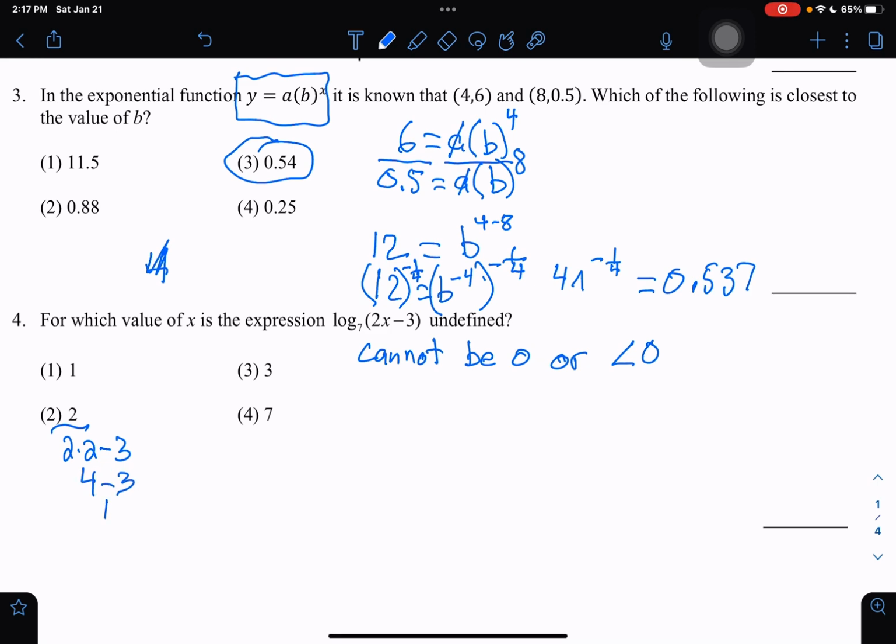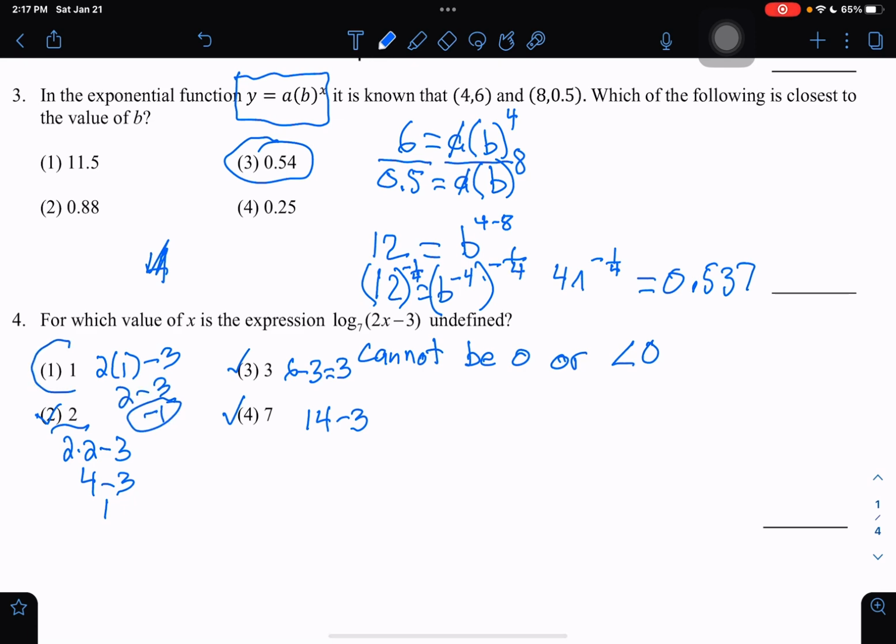That's okay. This becomes 6 minus 3, which is 3. That's okay. This one's okay. And this one becomes 14 minus 3. That's okay. But the first choice becomes 2 times 1 minus 3, which is 2 minus 3, which is negative 1. That's not okay. So that would make it undefined, so it can't be part of the domain.